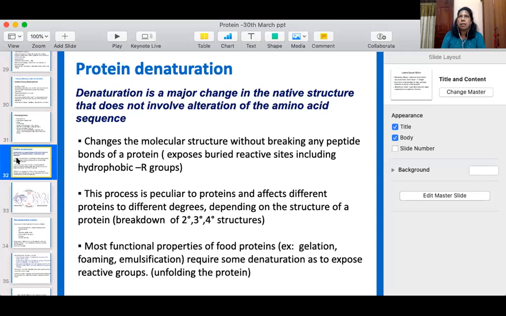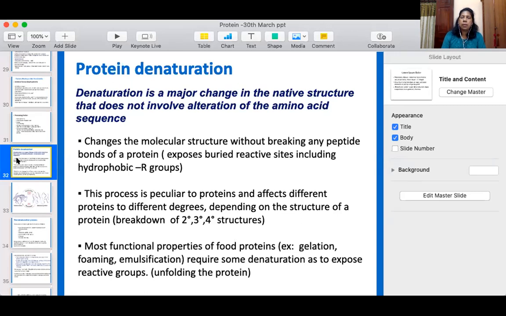The amino acids are joining with different amino acids in the peptide line, and R groups are getting together, while the OH or other hydrophilic ones are in a different place, and those hydrophilic ones can join with the water. But in denaturation, we expose the hydrophobic R groups.